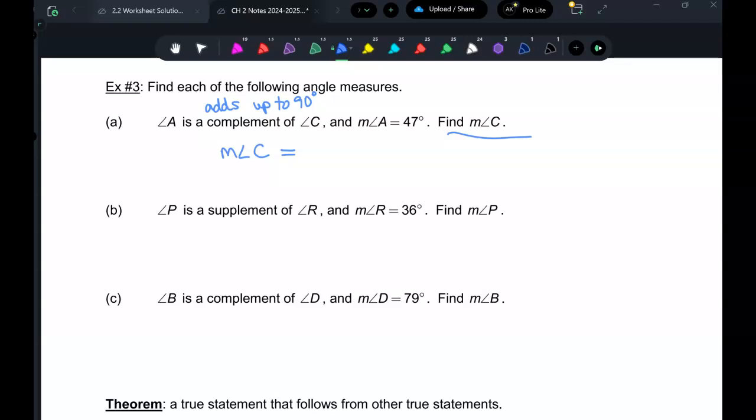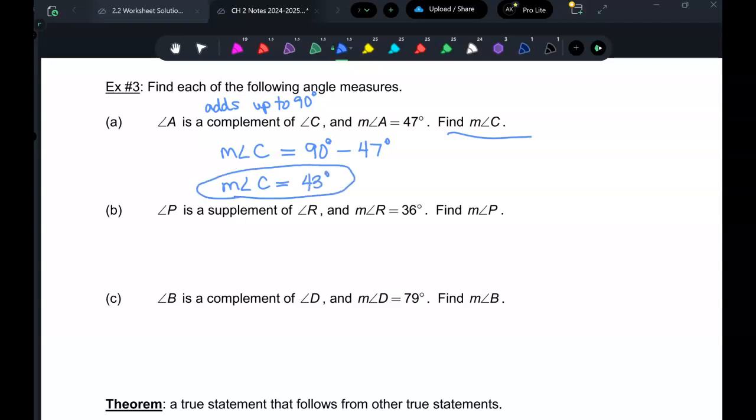We're asking ourselves what adds to 47 to give us 90 degrees? Well, it's easier just to do 90 minus the 47. So 90 minus 47 makes measure of angle C 43 degrees.